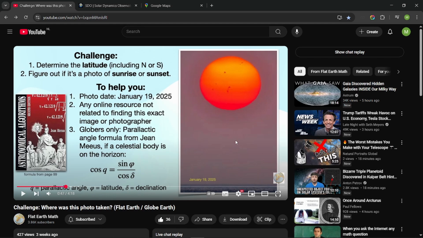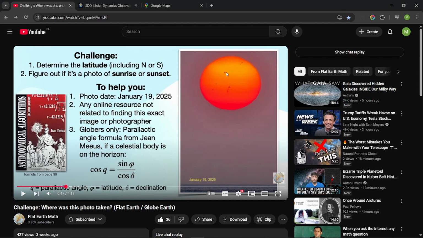And to solve the challenge, we need to look at the sunspots and figure out what is the actual orientation of the sun in the sky, because that changes depending on the latitude, and it changes depending on the time of day on the latitude.